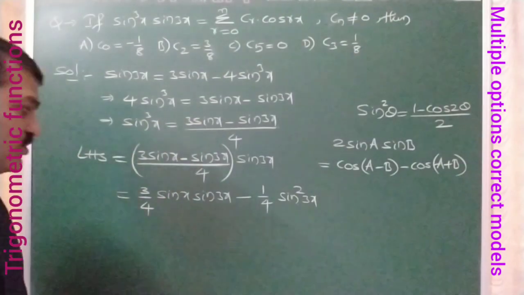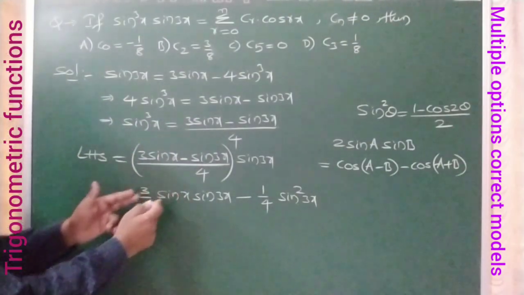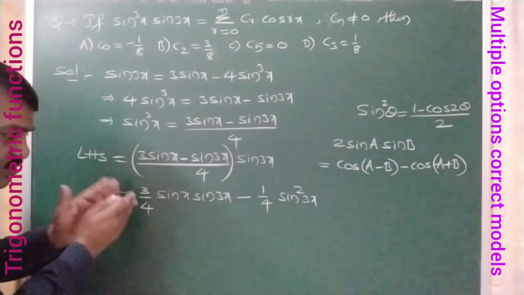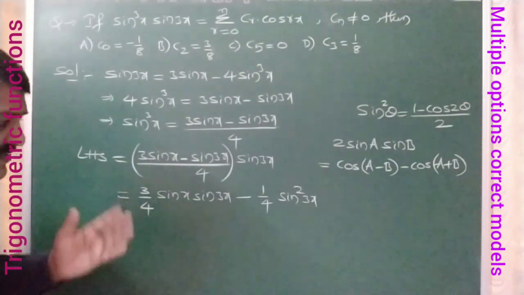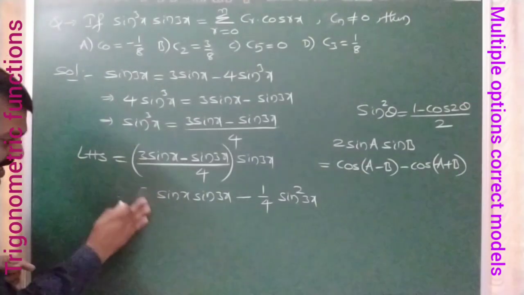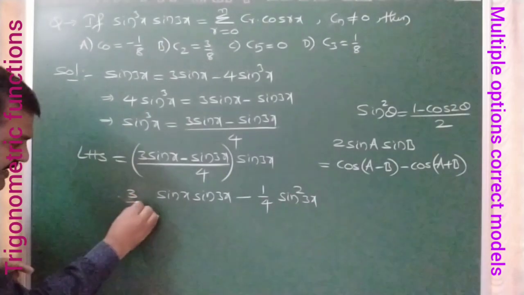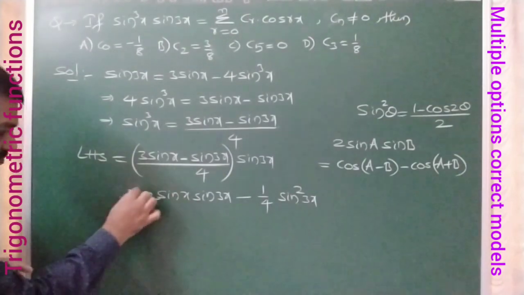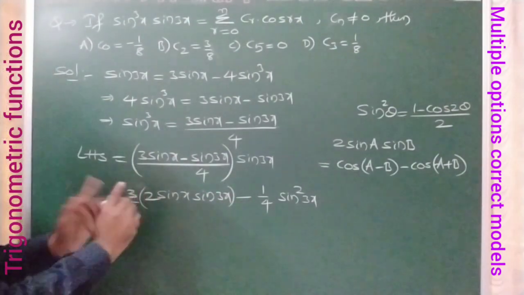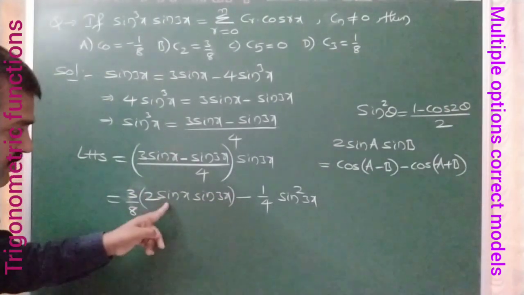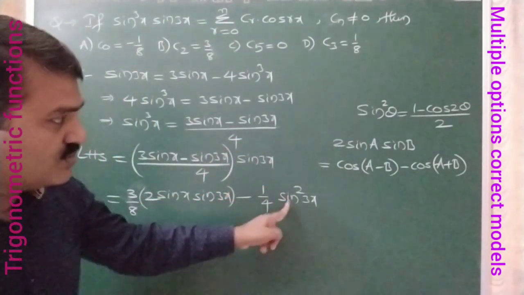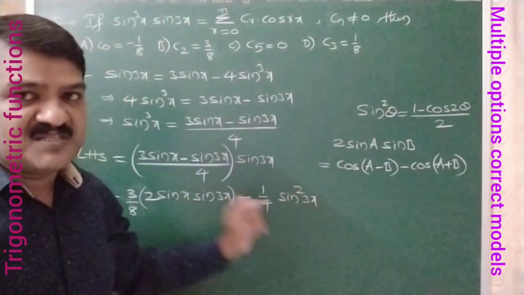Therefore, let us divide and multiply by 2 here. I will do it here itself, because I don't want to waste one more step just for dividing and multiplying. After divide and multiply I will get it like this. Okay, divide and multiply by 2 is completed. Now use the 2 sin A sin B formula for this part and use the sin square theta formula for this part.